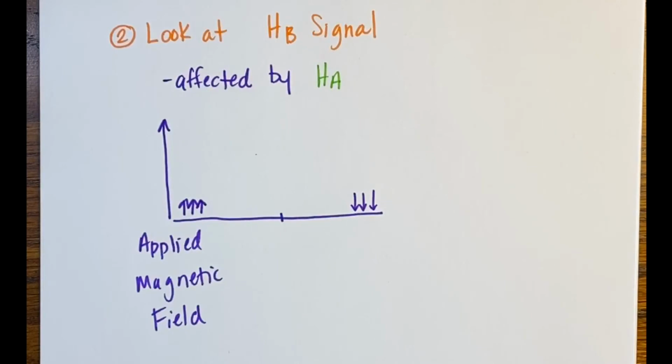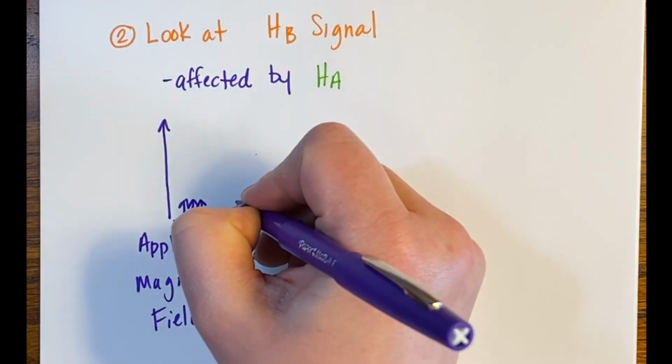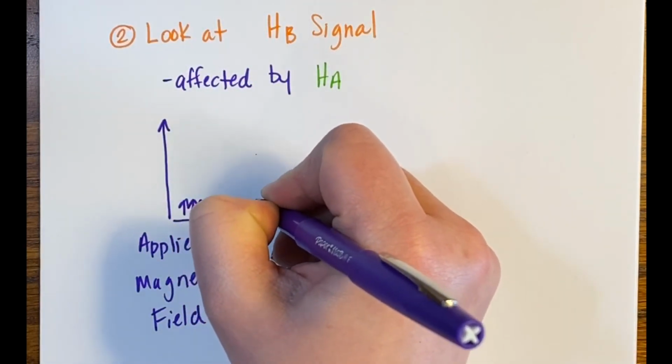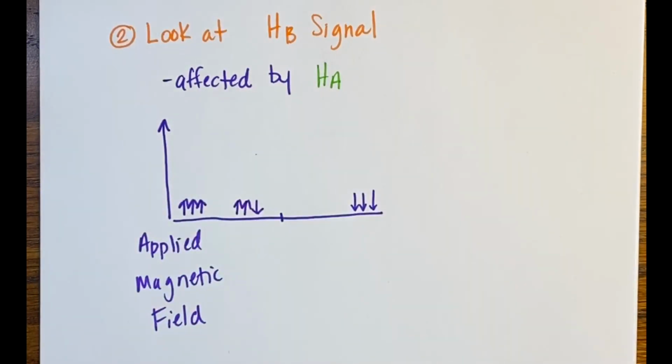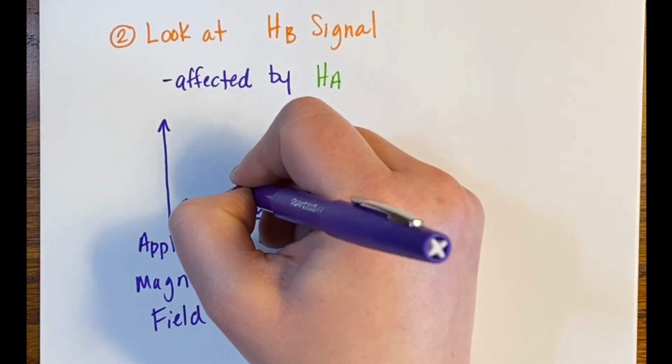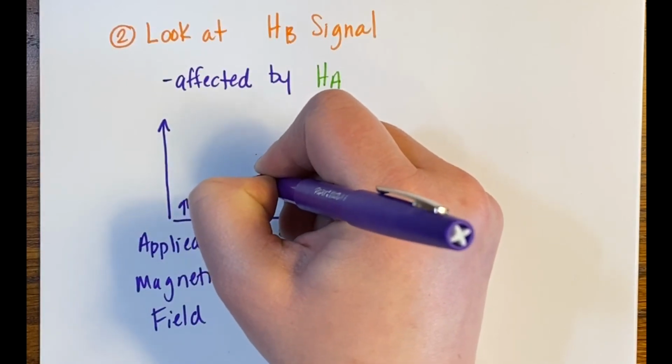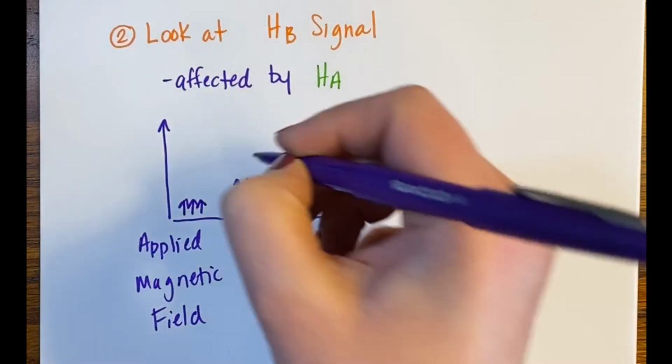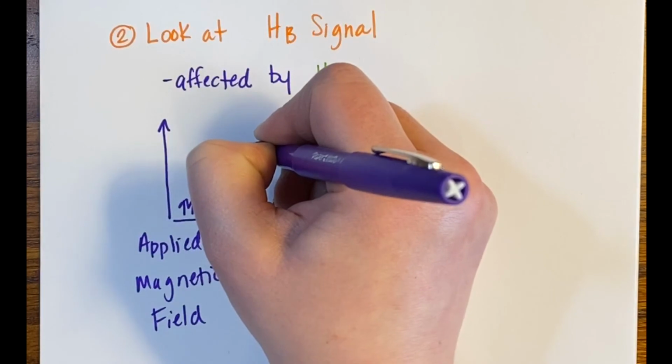But we also now have a combination where we could have 2 protons that enhance the magnetic field and 1 that opposes. And there's 3 combinations that we can have for this pattern. So we could have up, up, down. We could have up, down, up, or we could have down, up, up.